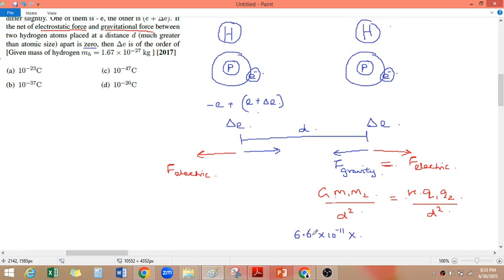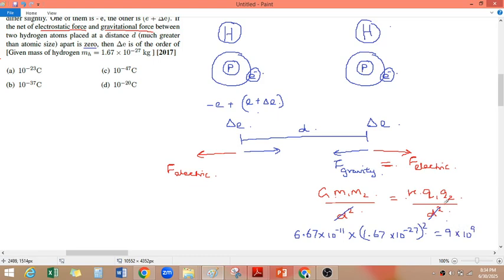Yes, sir, minus 11. 6.67, okay, 10 power minus 11, correct. Mass is 1.67 into 10 power minus 27. Both are hydrogen atoms, so I don't have to repeat it, I can put square. D square cancels, because it is the same. K is 9 into 10 power 9.